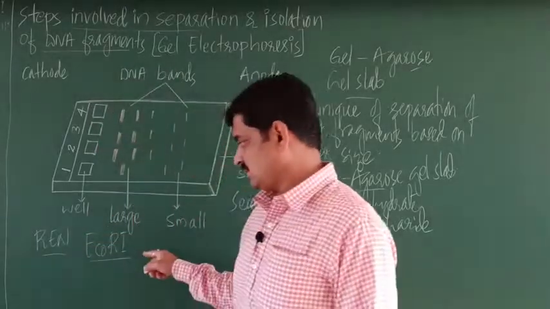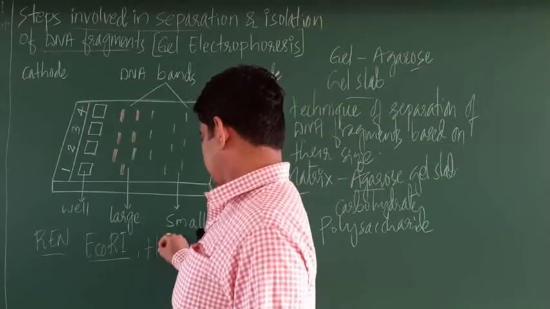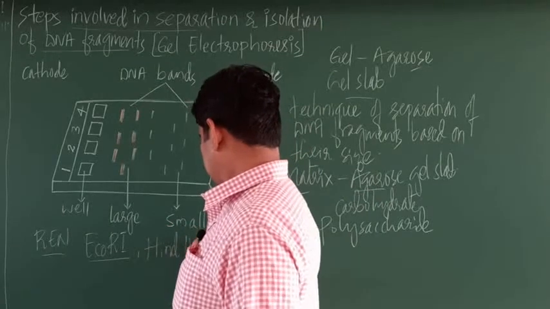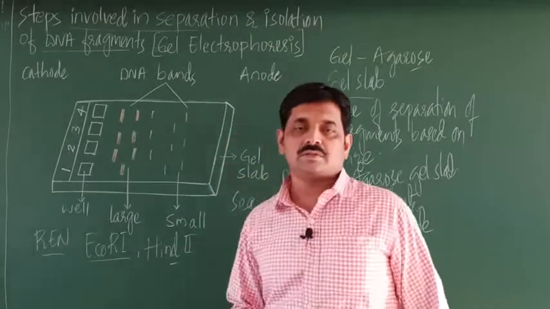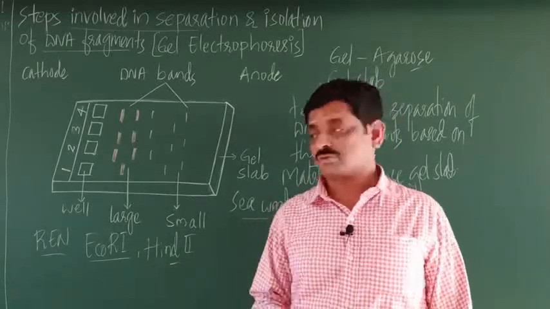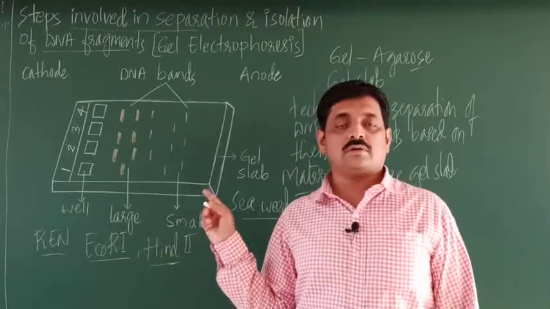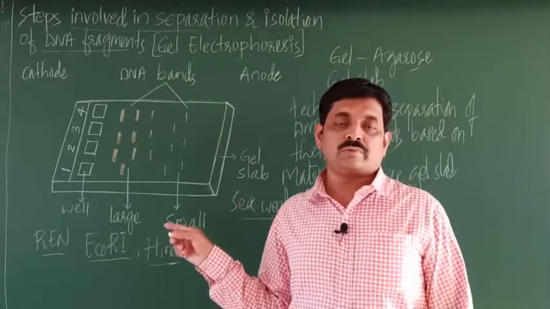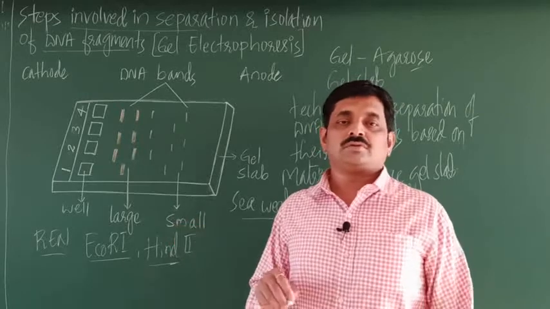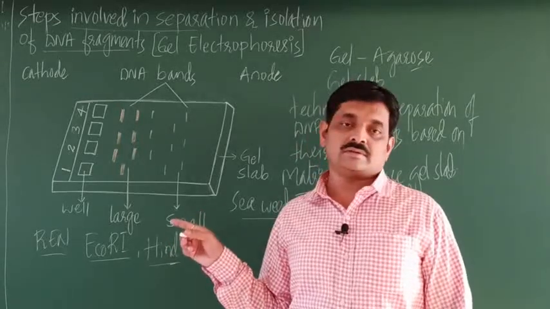One common example is EcoRI, then there is HindII, and many other examples that we will consider in the coming videos. So these are some examples of restriction endonucleases. So DNA is treated with restriction endonuclease.